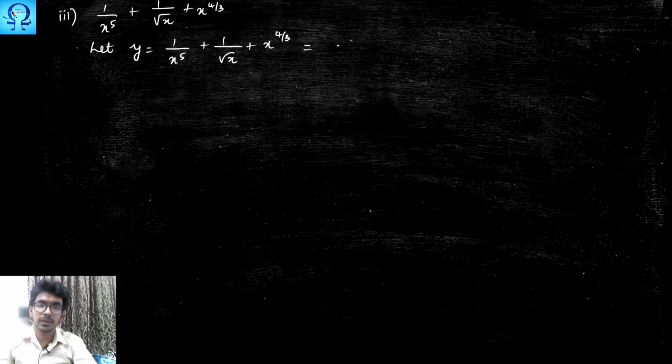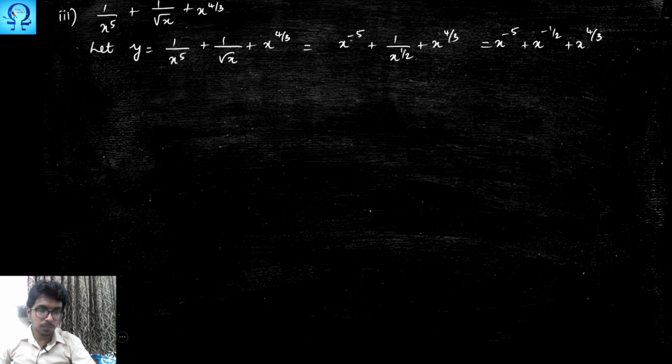This may further be written as x power minus 5 plus 1 upon x power 1 by 2 plus x power 4 by 3. And when you take this denominator to the numerator, you will have x power minus 5 plus x power minus 1 upon 2 plus x power 4 by 3.